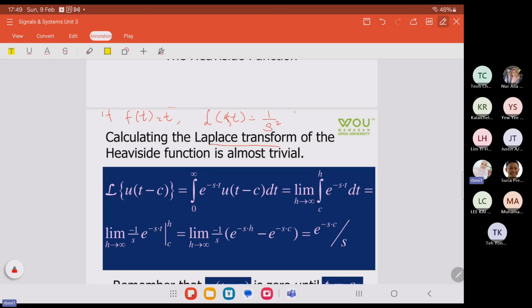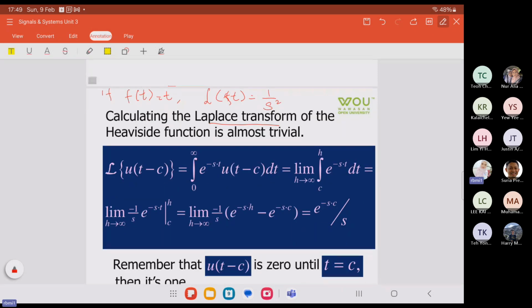For the Laplace transform there is a table, so you need to know how to apply it, and normally the table will be given during the test or the final exam.